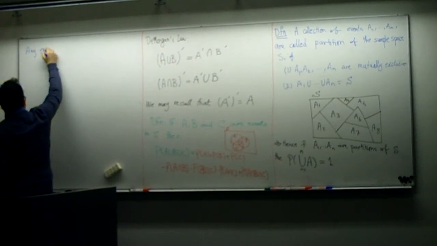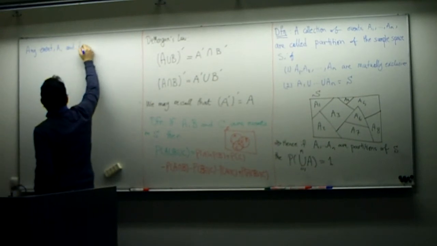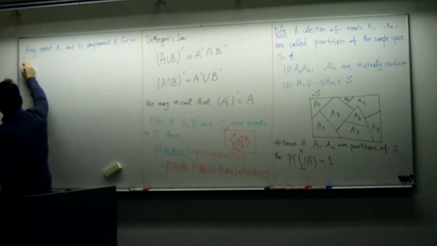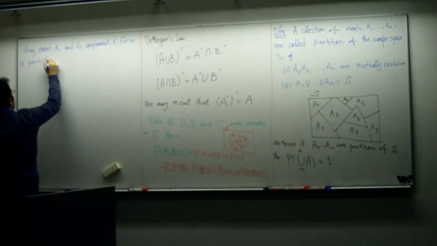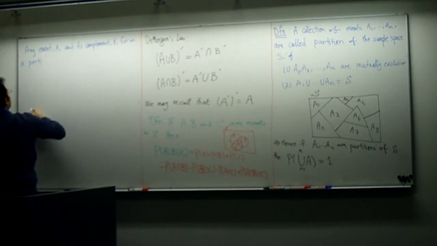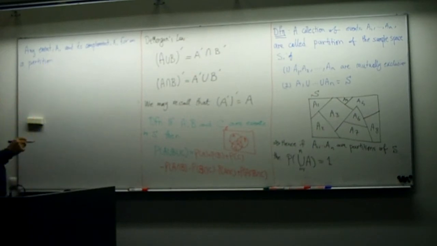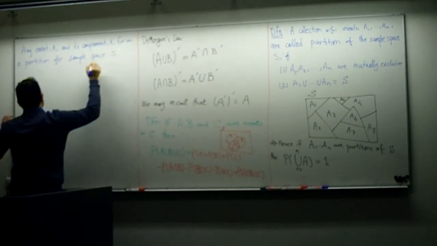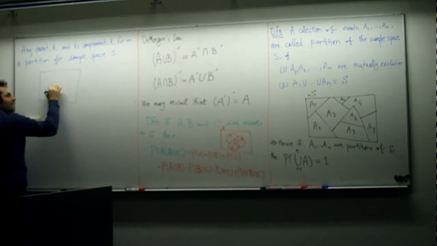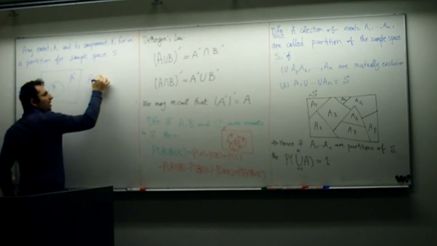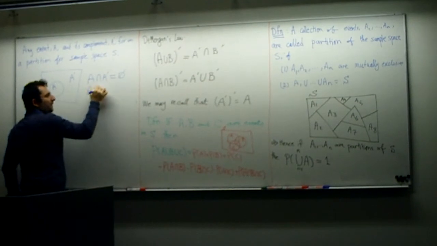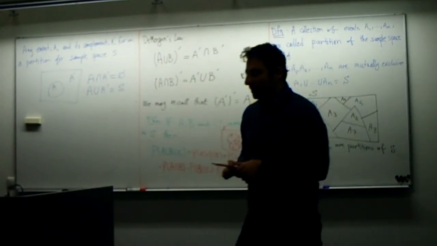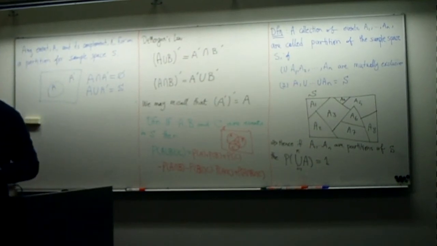Any event, let's say A, and its complement, A prime, form a partition for sample space S, which means that if I have A and I have A prime, they are mutually exclusive and their union is always S. So any event and its complement divide the sample space that we have into different partitions.